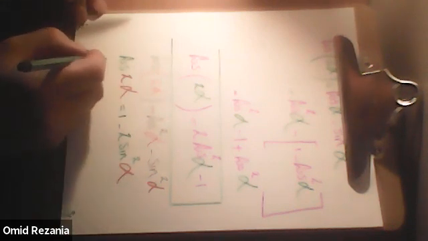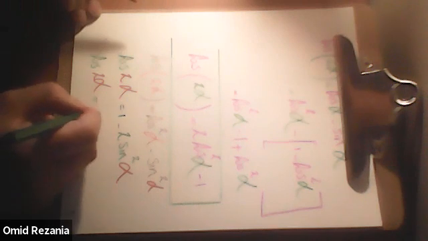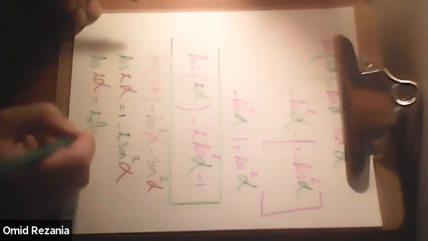And also, we learned the third identity, that the cosine of 2 alpha equals 2 times cosine squared of alpha minus 1. I call them identity number 1, number 2, and number 3.